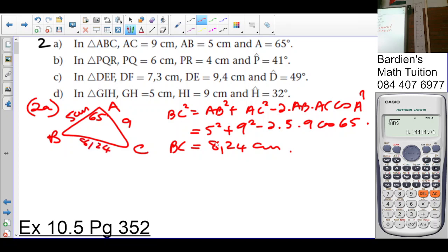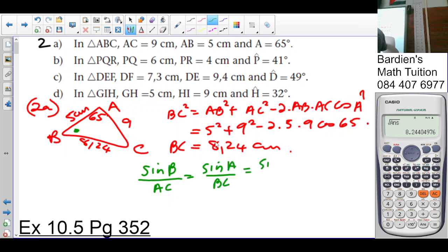Okay. So now I can calculate, of course, angle B or angle C. Why? Because I have an angle and two sides. So which rule am I going to use there? Of course the sine rule is easier to work with. So we say sine of angle B over AC is equal to sine of angle A over BC, equals sine of angle C over AB.